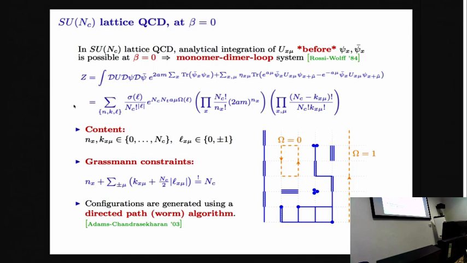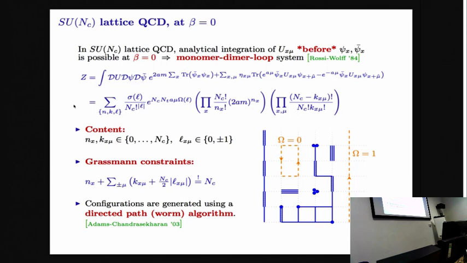But this is hard to perform analytically. I'm talking about analytical integration. But at beta equals 0, the plaquette term in lattice QCD drops, and the analytical integration is very simple to perform.